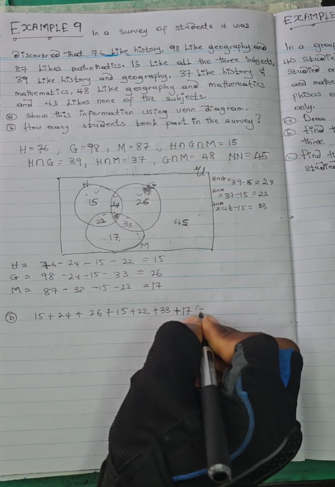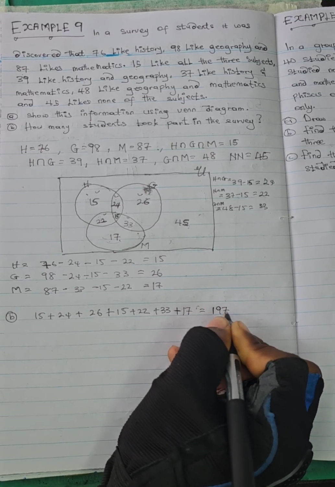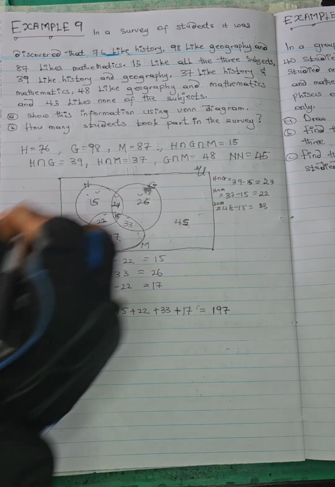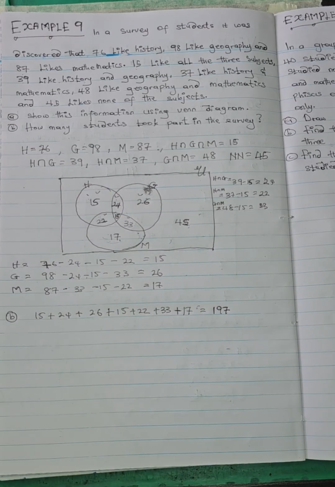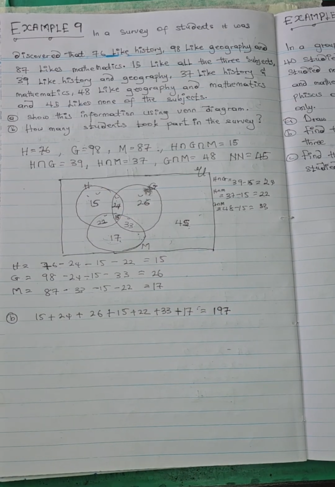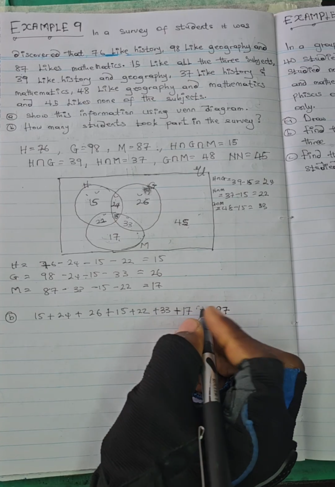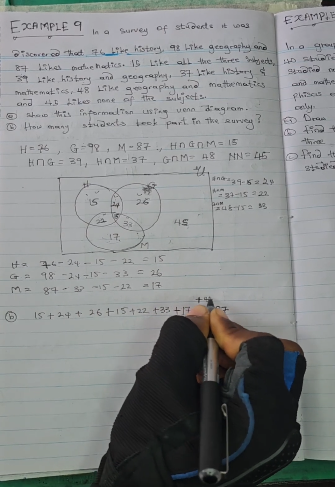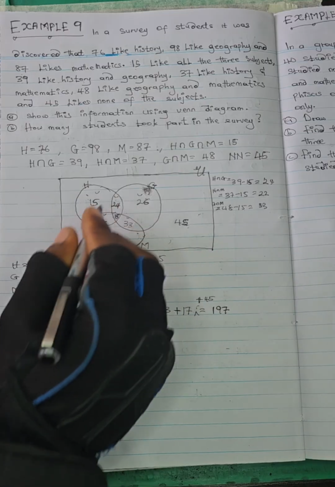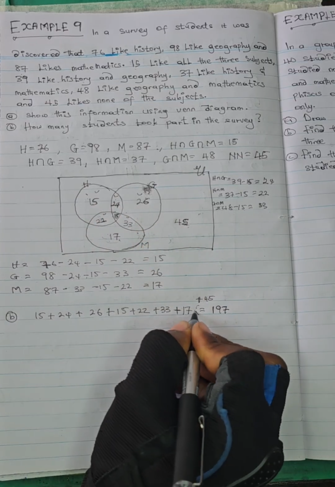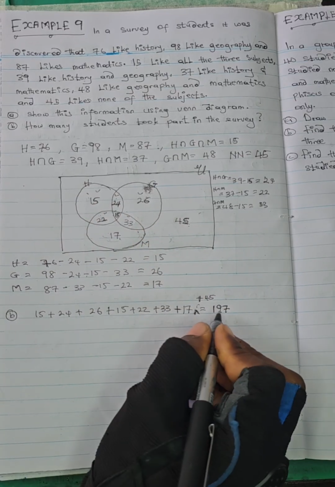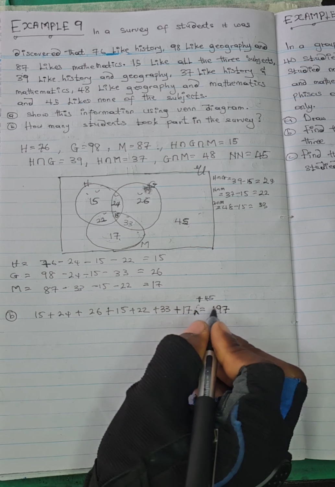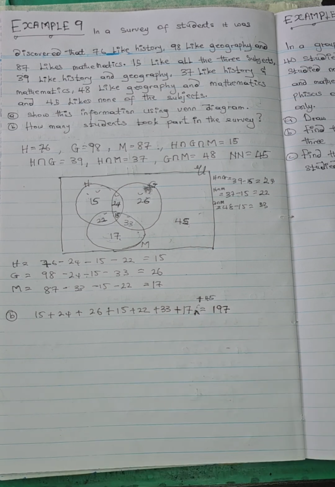So you are going to get 197 students who took part in the whole survey. Mind you, I think I missed something. I just need to add plus 45, the one outside here. I added everything here and omitted this one. I was wondering why my total was not the same. When you add everything, you get this as your answer.